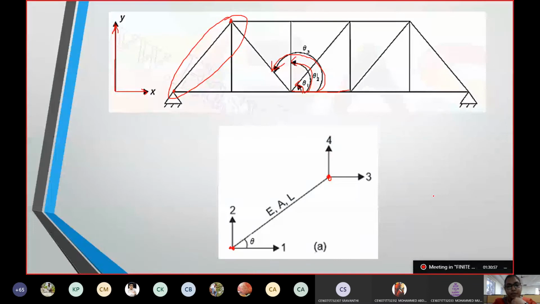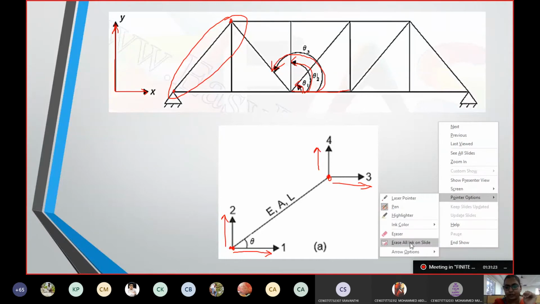When the forces are applied, the unit displacement can go in direction 1 and direction 2, that is x and y, and in node 2 also there is a possibility of going in direction 3 and direction 4, that is x and y at node 2. We need to derive the stiffness matrix for this inclined member.